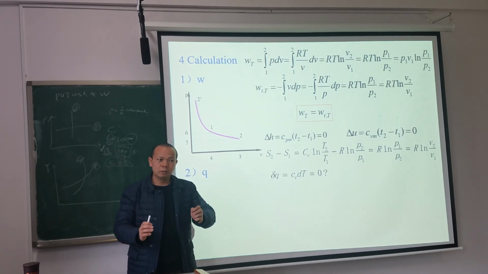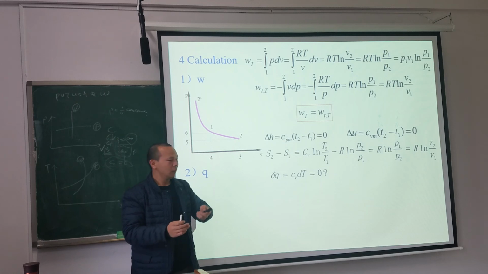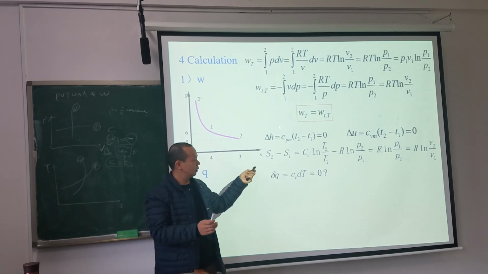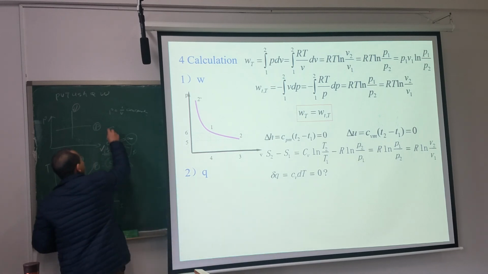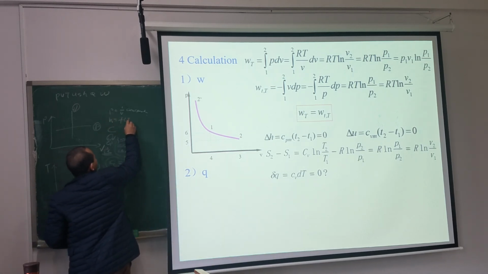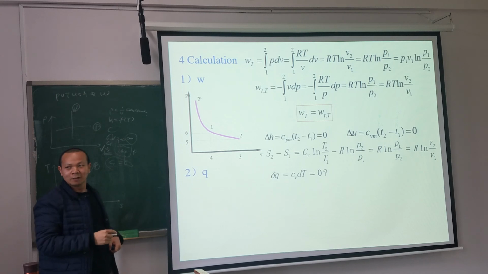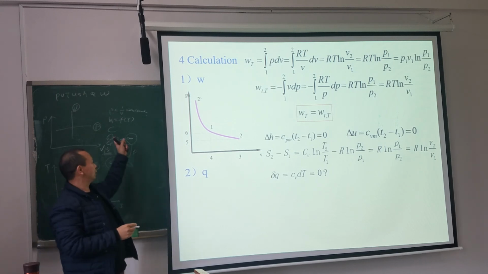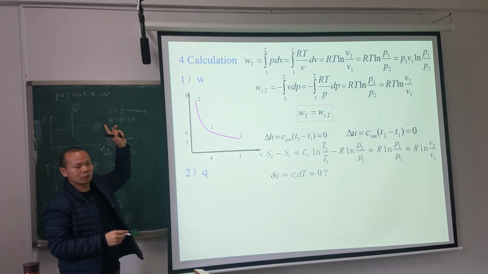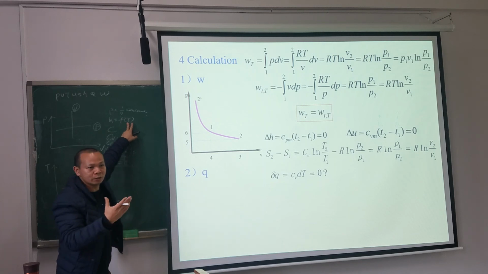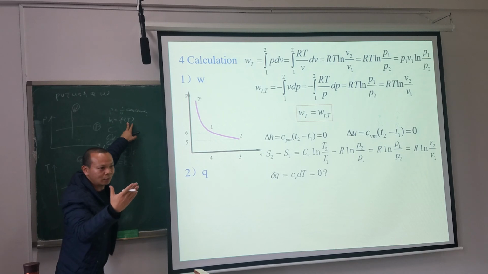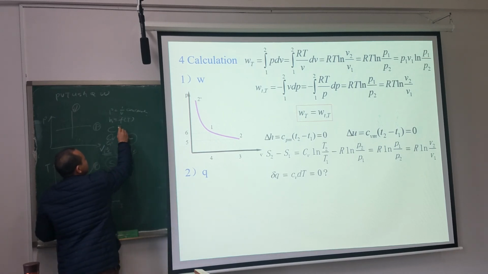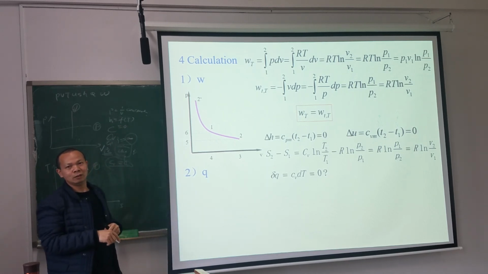Maybe you want to know how we can calculate delta H and delta U. Do you remember H is a function of T? Okay? H is a function of T. Because the T will not change, it's a constant temperature, hence delta H is equal to 0.